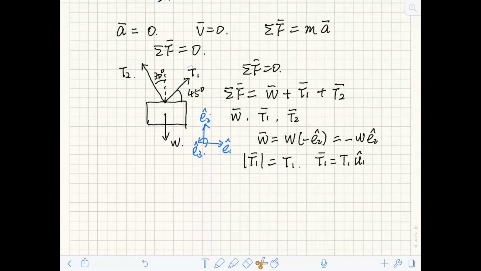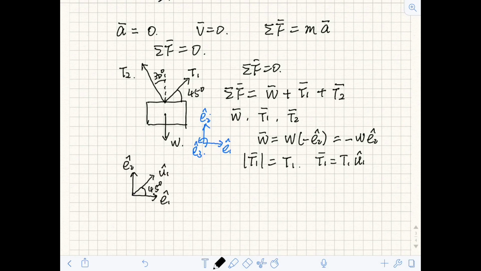And from the geometry, we know that T1 makes an angle of 45 degrees with respect to the E1 vector. So if I were to decompose this into E1, E2, and some other unit vector, U1 hat, it will make a 45-degree angle with respect to E1.